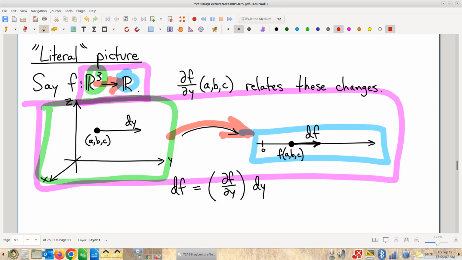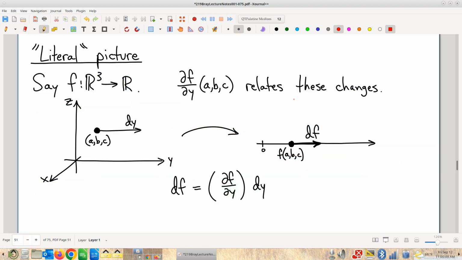How would I interpret partial derivatives in this context? Again, let's just think it through. If I'm going to take a partial derivative with respect to y, what that means is the other variables are going to remain constant.